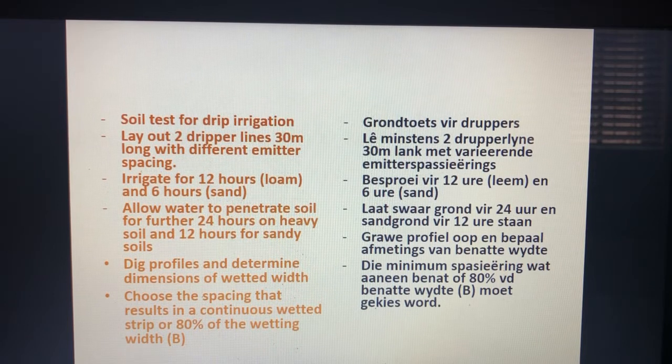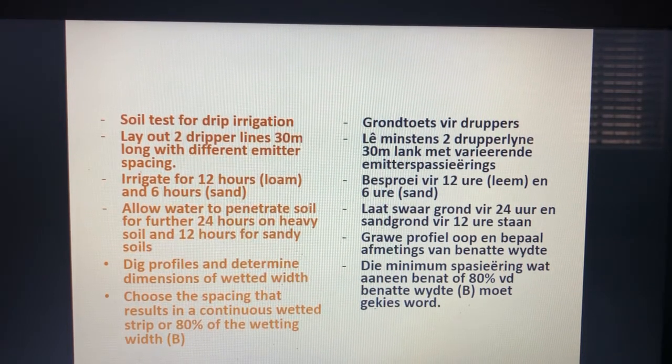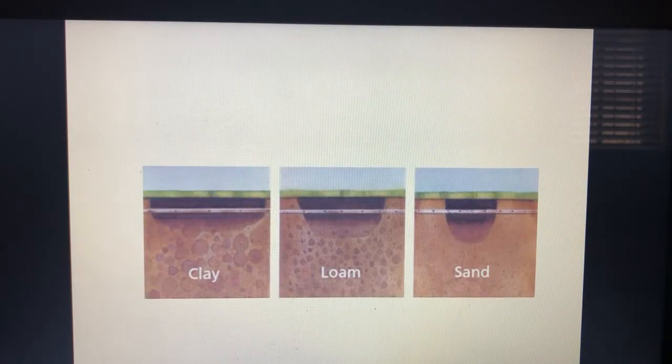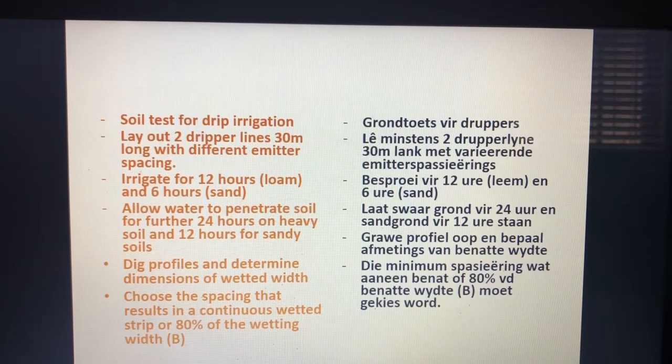So after that 24 hours, you'll dig a profile and you look at something like this. This is the kind of thing you'd be looking at in the soil after you've dug your profile. The important thing is to choose the spacing that results in a continuous wetted strip, or 80% of the wetting width.